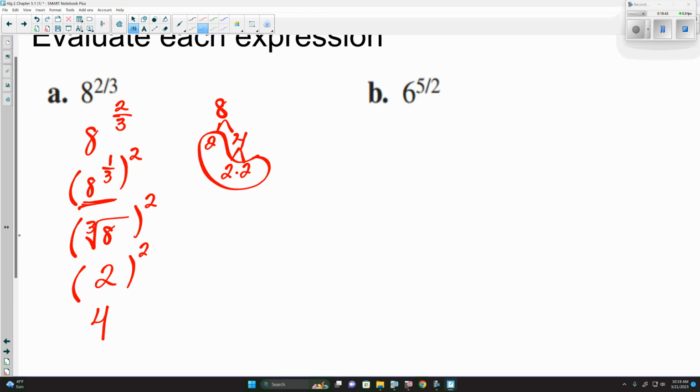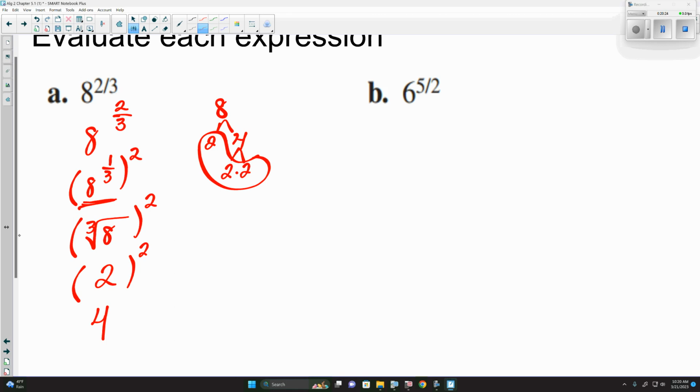Now the next one we're going to look at is 6 to the 5/2. Some of these are nice.